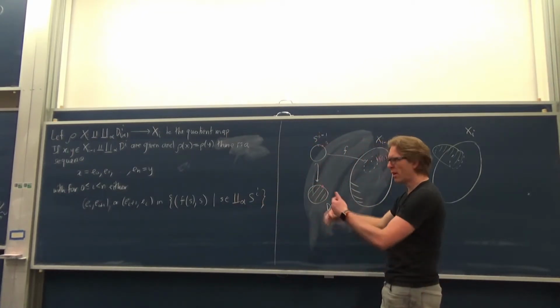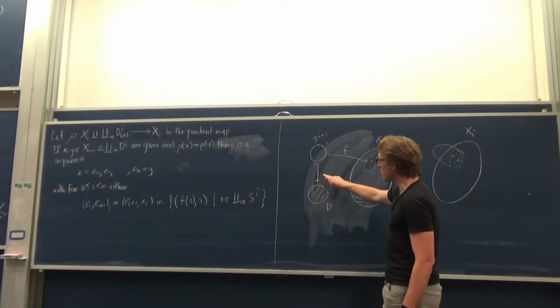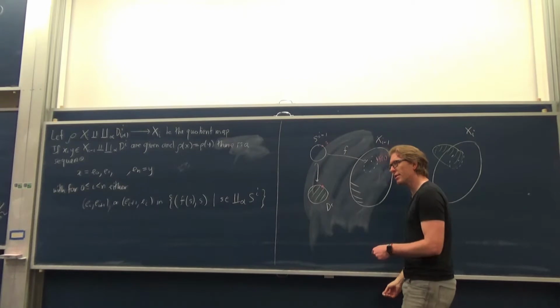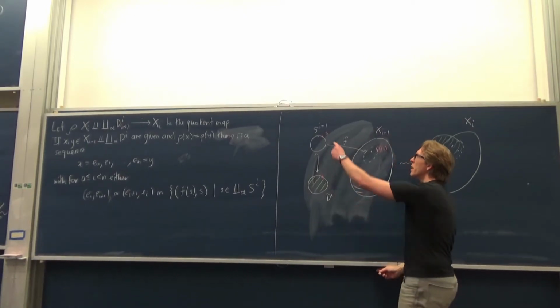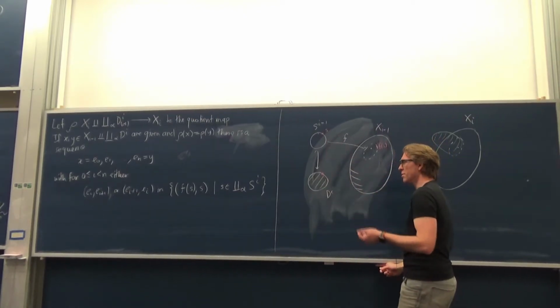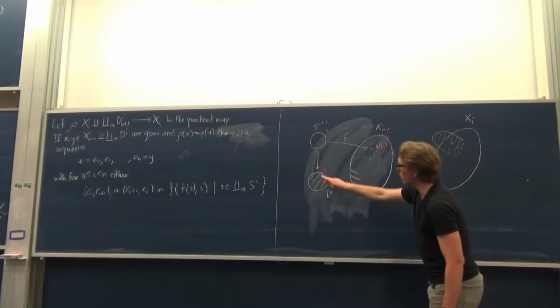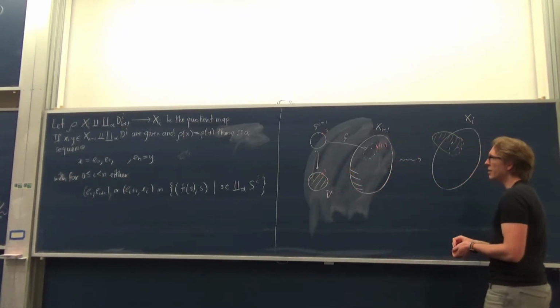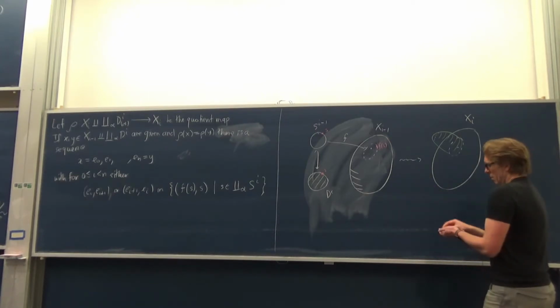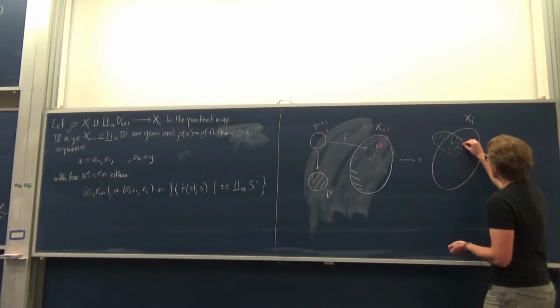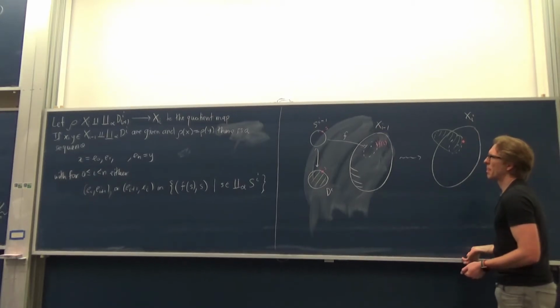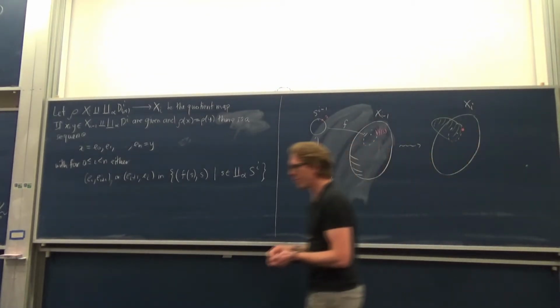I have been writing iota previously for this map, but writing it explicitly is just going to be a mess in this case. So just identify it as a subset of the disk, which of course it is. And then there's f(s). Those two points, which both live in the disjoint union, are set equal by these generating pairs. And I guess they end up both being this point here.